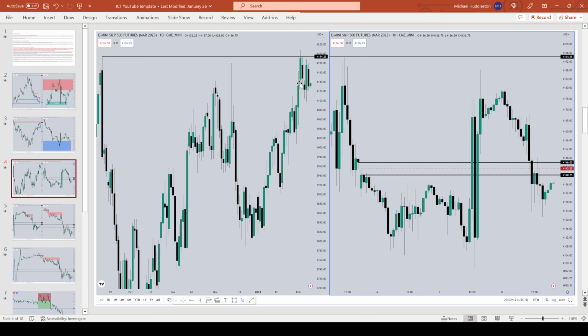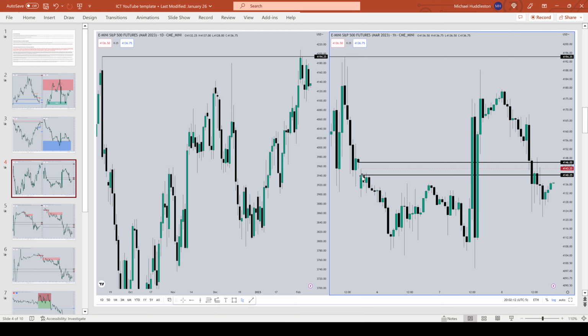Do them individually and then label them respectively in your chart. That way, when you watch price action, if it responds to those levels, and I'll explain what that means, what it would look like, they're going to behave just like the new week opening gap, which is what's being shown here on the hourly chart.